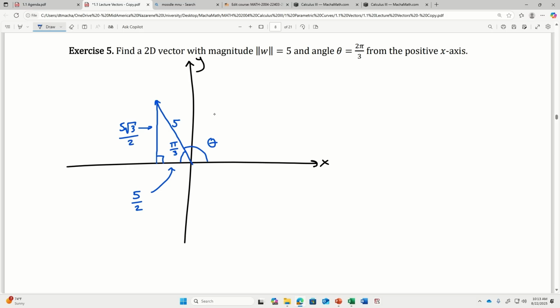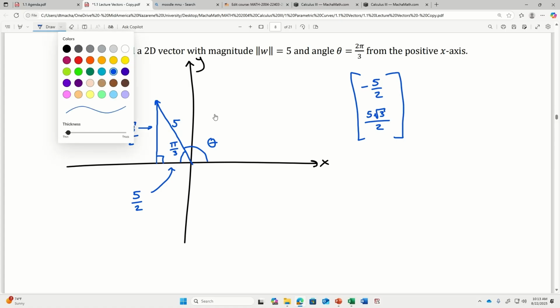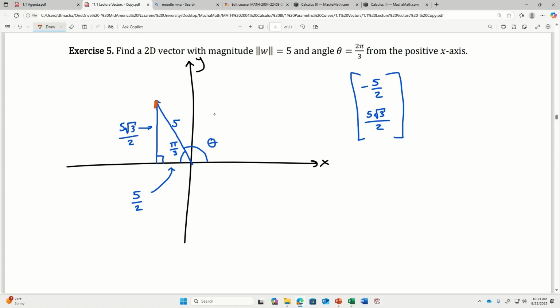And then, like you said, for a two-dimensional vector, our convention is going to be to write the x-coordinate first. And this is going to be -5/2, +5√3/2. That's how we describe this vector in our 2D space.